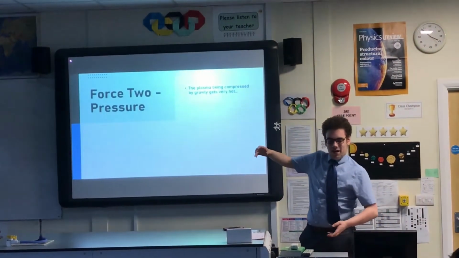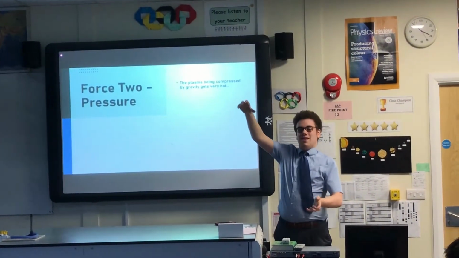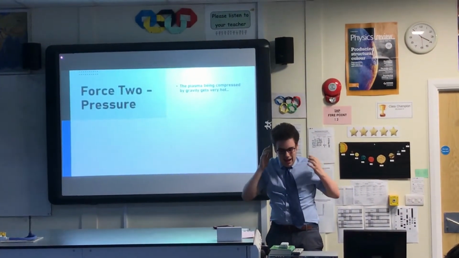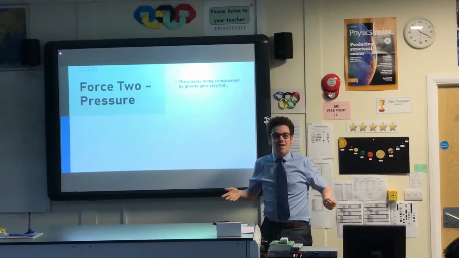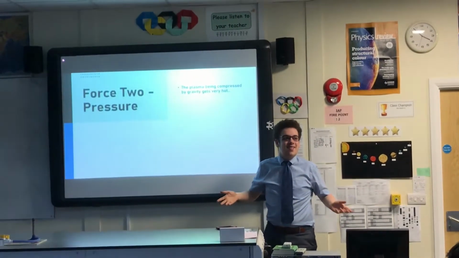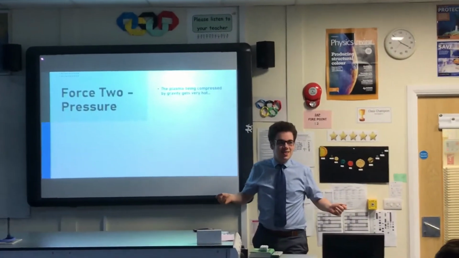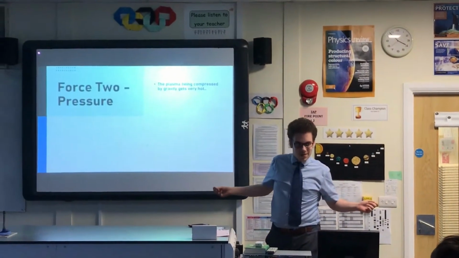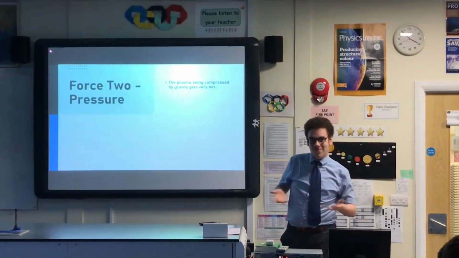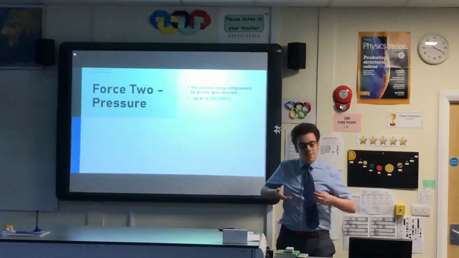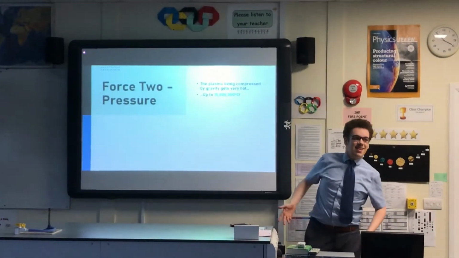So the plasma being compressed by gravity gets very, very hot. Have a quick guess on how hot it can get. About 5,000 degrees Celsius? Well, it gets up to 15 million degrees.